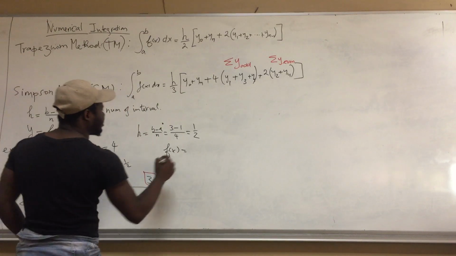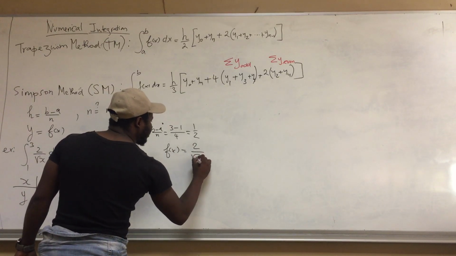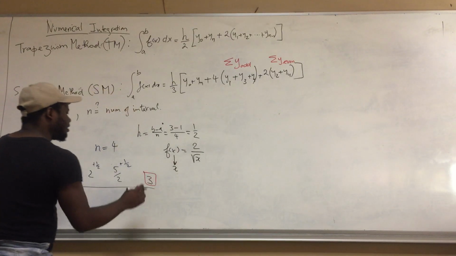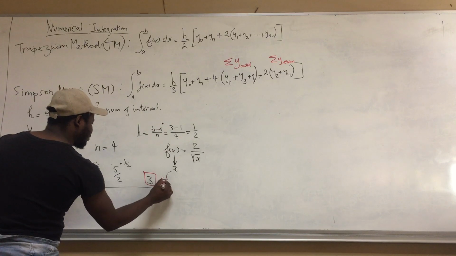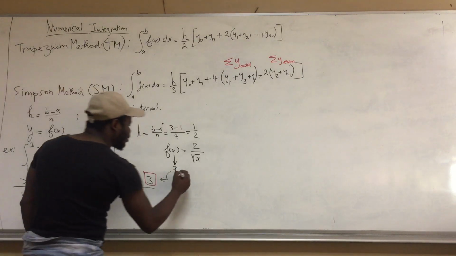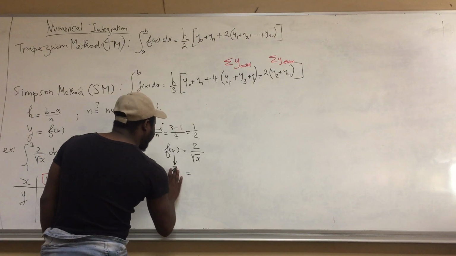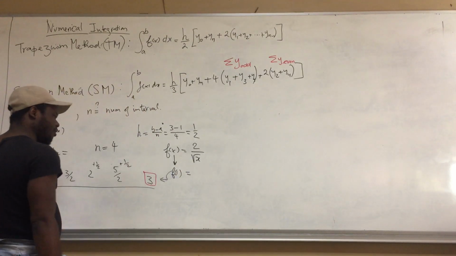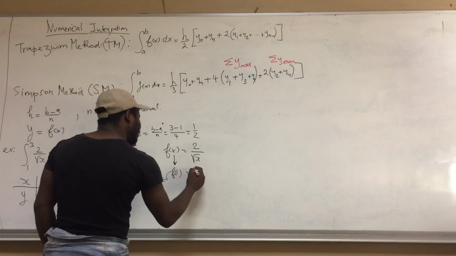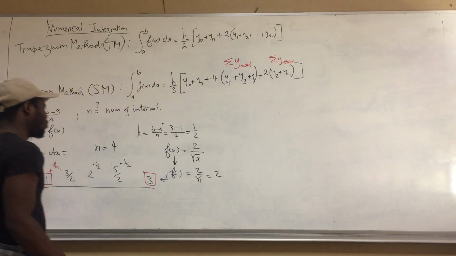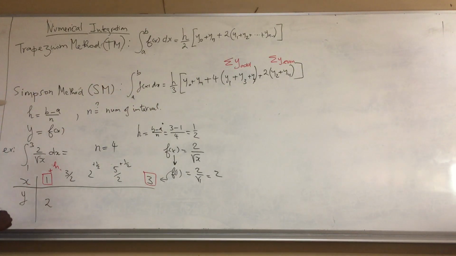It's the function inside the integral. So these x are these values. The first one is f of 1, which gives you 2 divided by square root of 1, which is 2. So I put 2 right here.